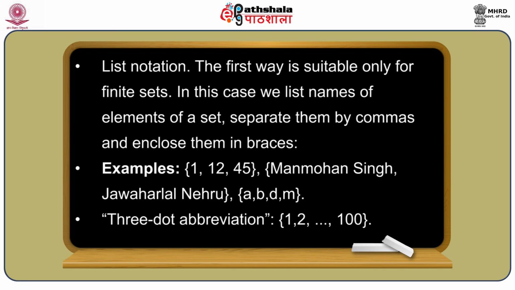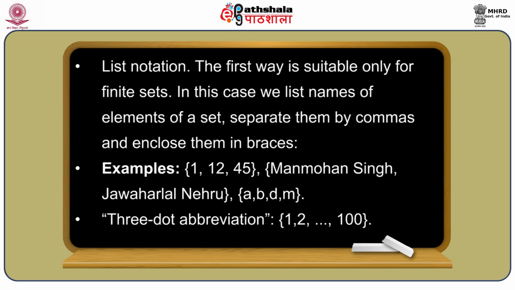We might also use a 3-dot abbreviation when it's clear what the 3-dot abbreviation means. So you might see something like {1, 2, ..., 100}. This means the set of all numbers from 1 to 100. We sometimes also use something like a list notation for infinite sets.